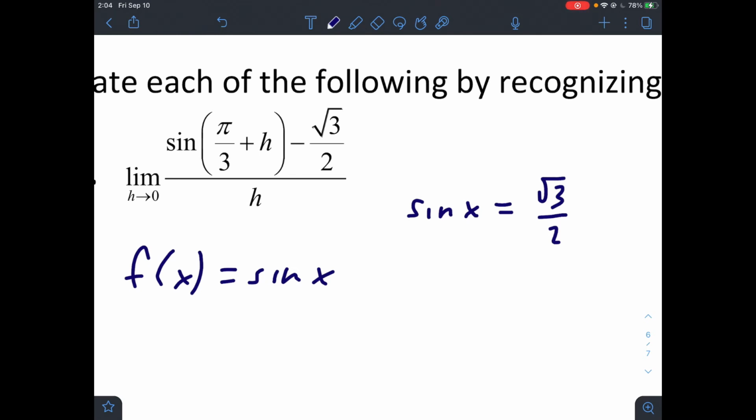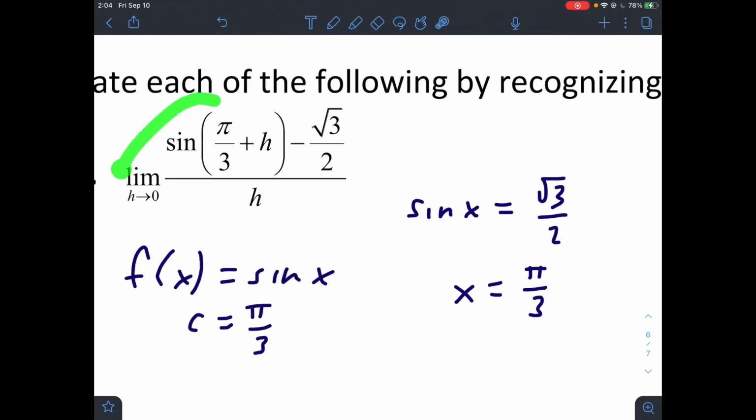Okay, and that's based off our unit circle knowledge that you hopefully have not lost over the past couple months. So the sine is equal to root 3 over 2 at a couple different parts, but in the first quadrant, it's at pi over 3. So our c value is pi over 3.